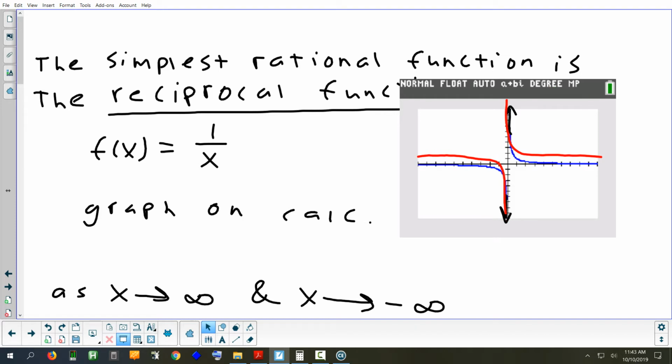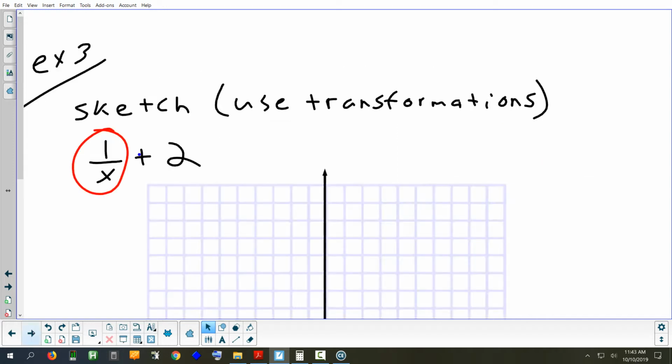It would shift everything up 2. If you did a -3, it would take everything and move it down, like 1, 2, 3. So putting a plus or a minus just shifts it up and down.